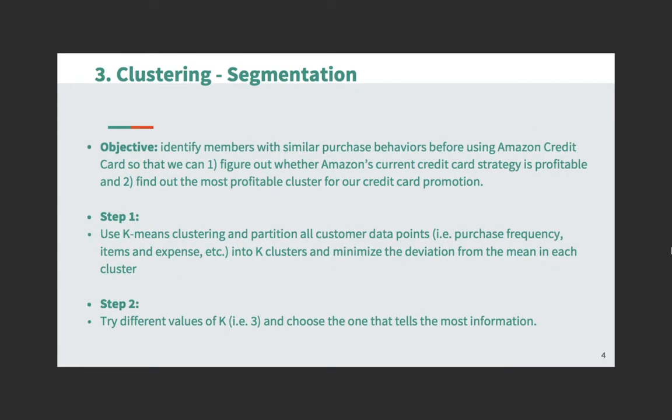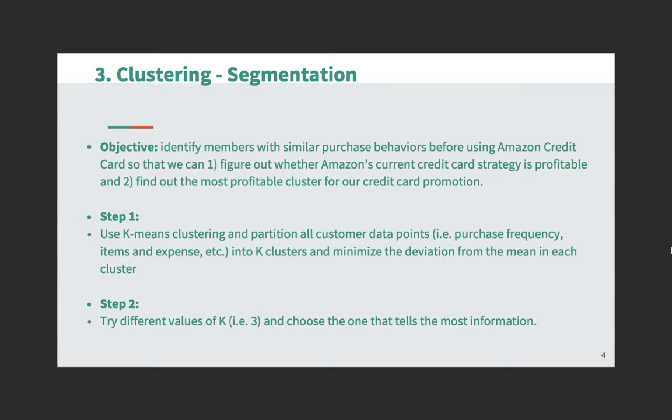First, we're going to use clustering. Our objective here is to identify members with similar purchase behaviors before they use the Amazon credit card, so that we can figure out whether the credit card strategy is profitable, and also we want to find out the most profitable cluster for the credit card promotion.